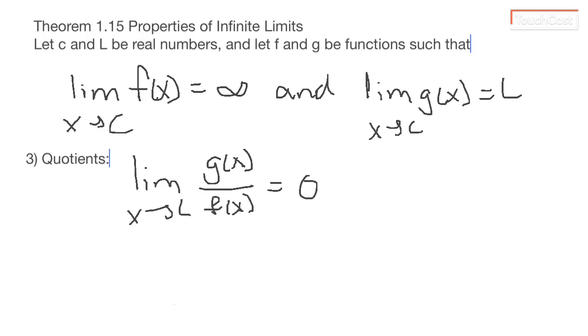The reason being is we're having some number and we're dividing it by infinity, which means it's a fraction that as x continues to increase, that fraction is continually getting smaller and closer to 0.